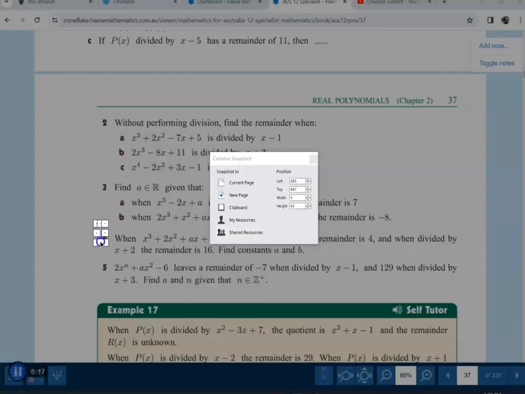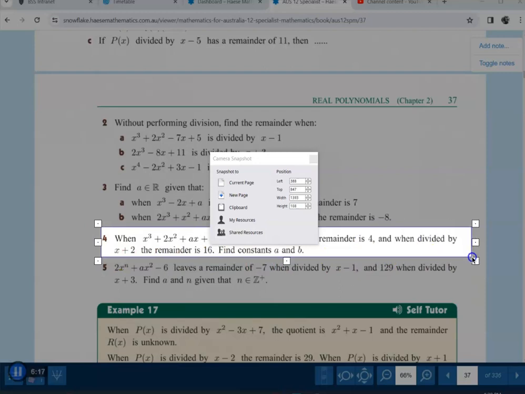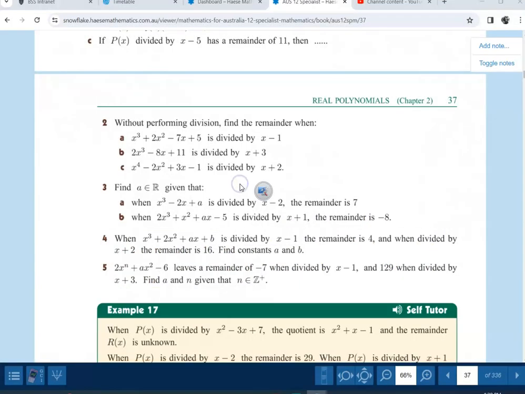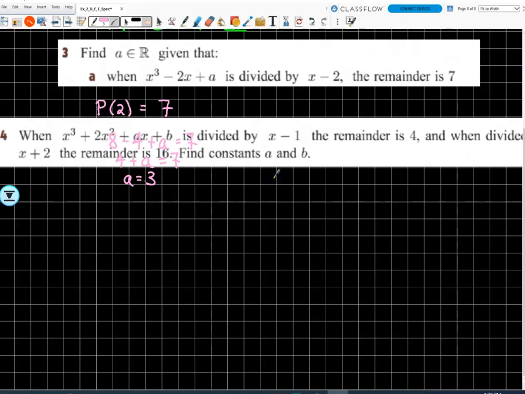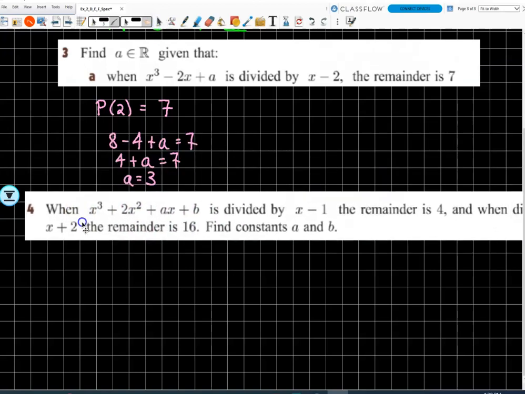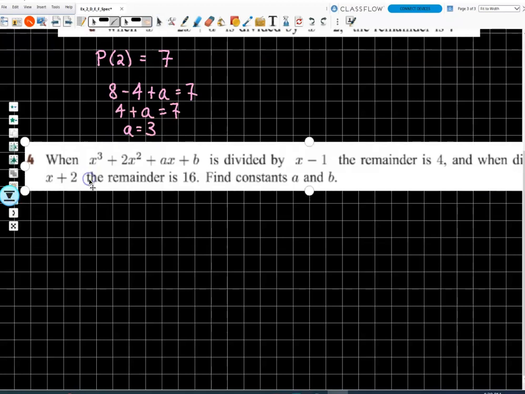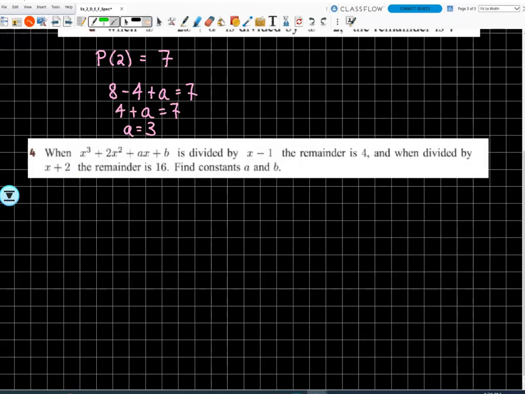2E, question 4. Let's hit it. We've got this polynomial. It's divided by x take 1 and the remainder is 4. So as soon as we see that, we are going, right, p of 1 equals 4.